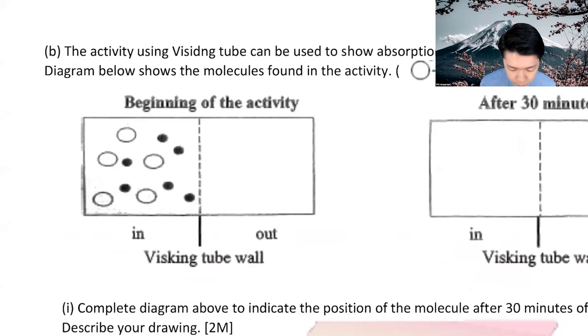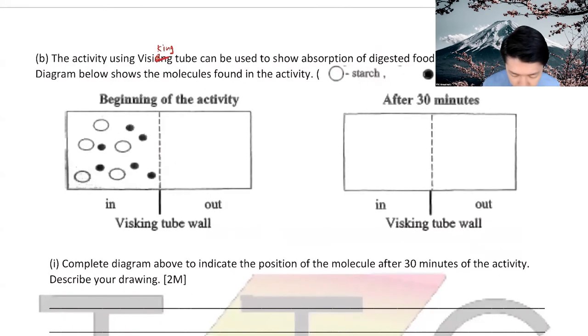Typo again. Whisking tube, that can be used to show the absorption. There's this experiment in your short notes, by the way, to test the absorption of food. Only small things can be absorbed by your small intestine. Large things don't go through the finger structure I showed you just now. Only small things get to go through.